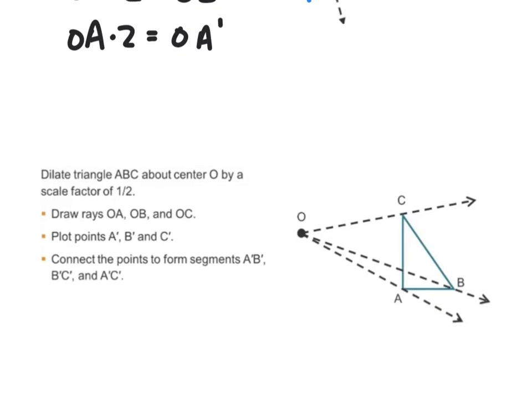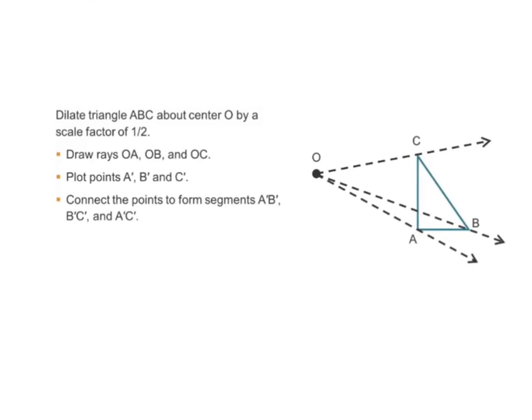All right, let's take a look at this. On this one it says dilate triangle ABC, okay, about the center O by a scale factor of 1/2, okay? So what I want to do is cut each of these lengths in half and plot new points, and we're just going to eyeball it, all right? But let's start with point C. Okay, if I cut that point in half, it's going to be something right about here.